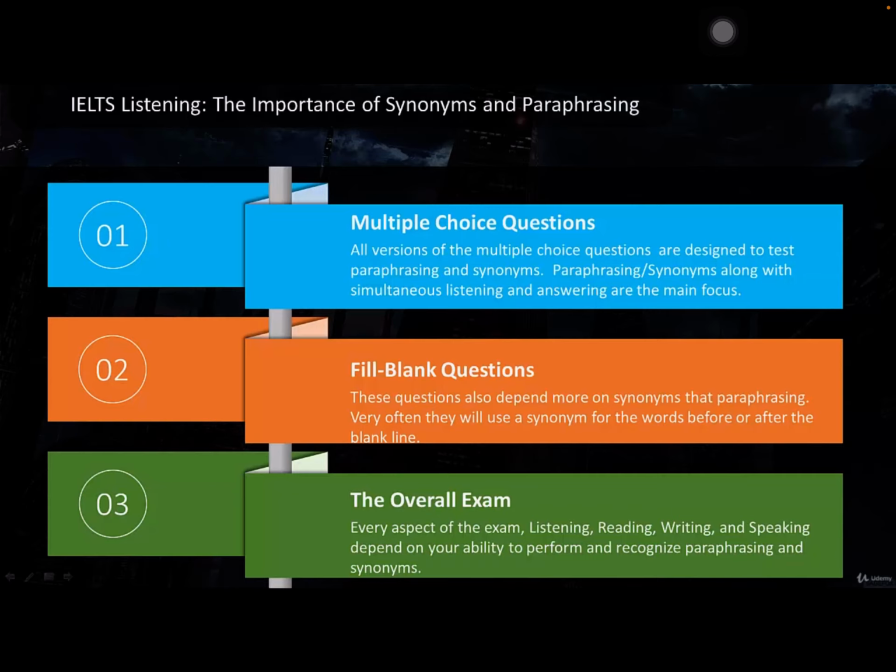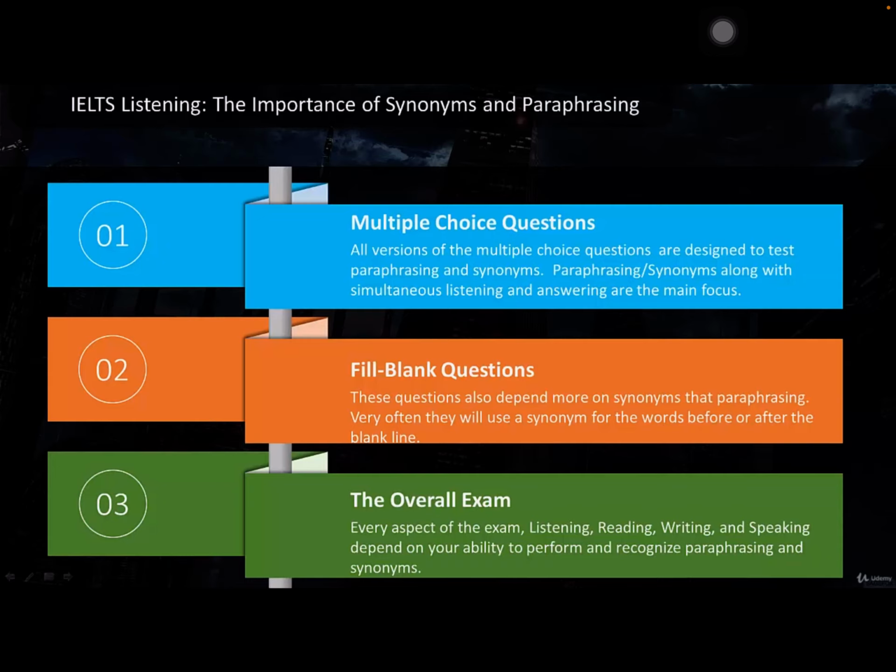So if you can hear that synonym, then you're going to hear the answer choice connected to it. For the multiple choice questions, you're going to hear them say the question keywords, and then they're going to say the answer. Your job is to pick which one of the answer choices actually is a paraphrase for what they said. So this is really, really important.